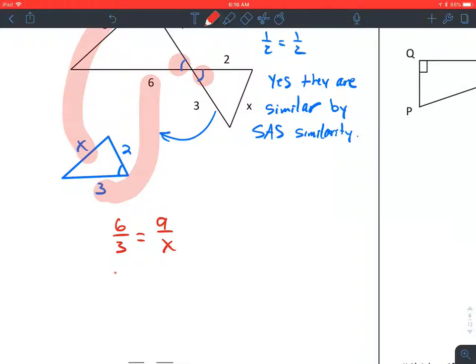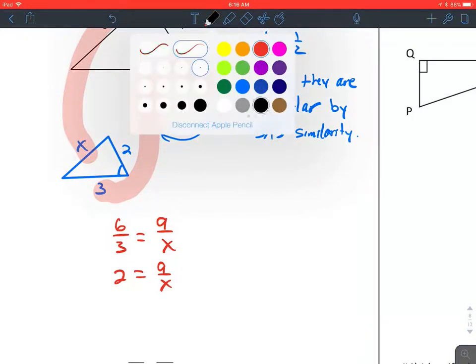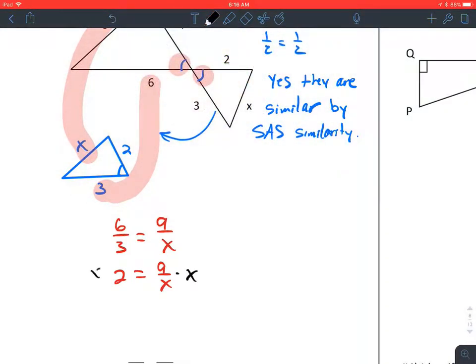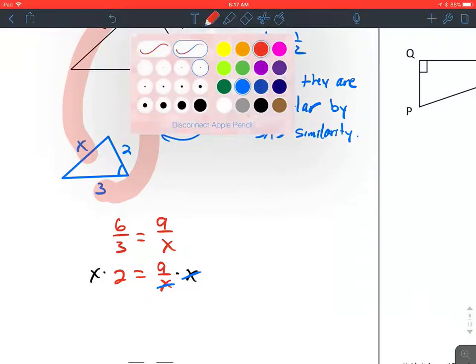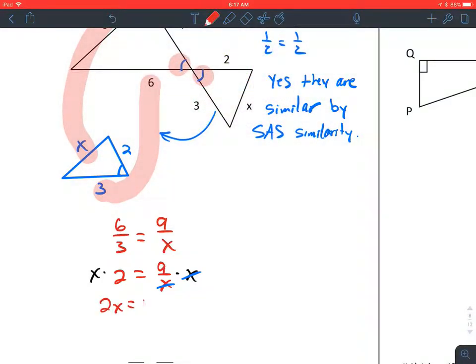It's your choice. I'm going to reduce it. 6 over 3 is 2. If I multiply both sides by x, on the right, multiplying something by its multiplicative inverse cancels. So we end up with 2x is 9. Therefore, x is 9 halves.